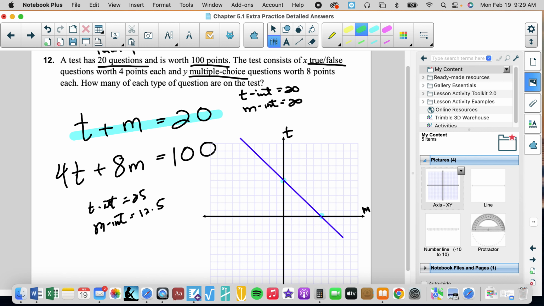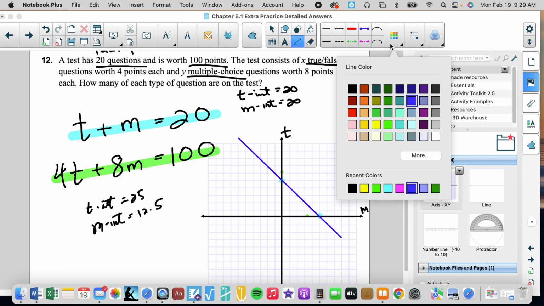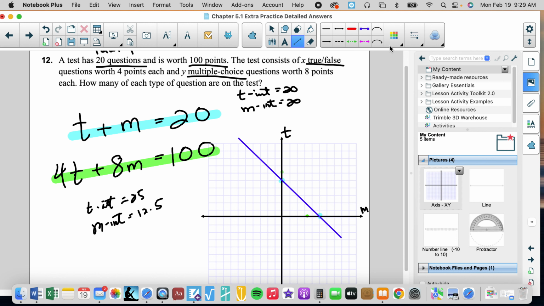Let's do the green one. Those are my intercepts. So T-intercept is 25. 6 is 24, so 25 is going to be a little bit above the 6th increment. 12.5 is going to be 3 and a little bit, because 3 times 4 is 12, and we have 12.5. So this might not necessarily work, but we'll see.